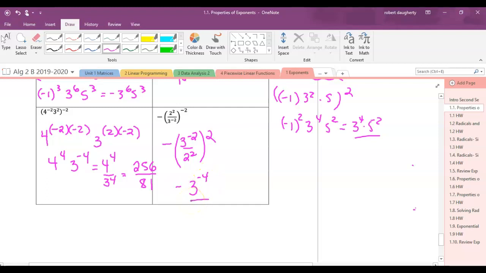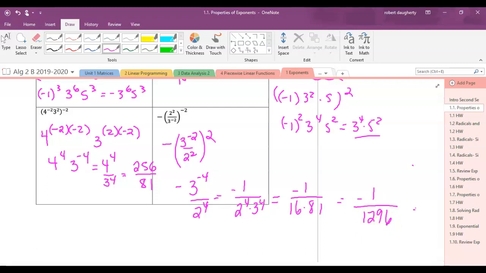Negative 4, and 2 to what power? 4th. So this is negative of what? 2 to the 4th, 3 to the 4th. So negative 1 over 16 times 81. Okay. And what is 16 times 81? Yeah. Negative 1 over 1296. Okay.